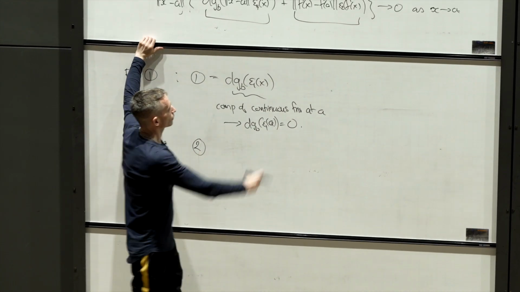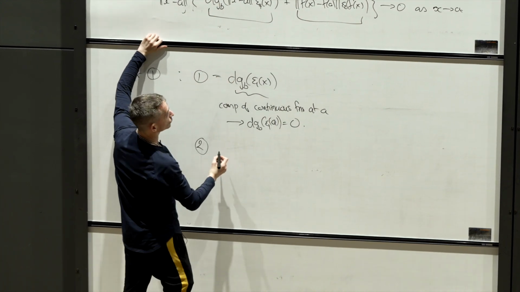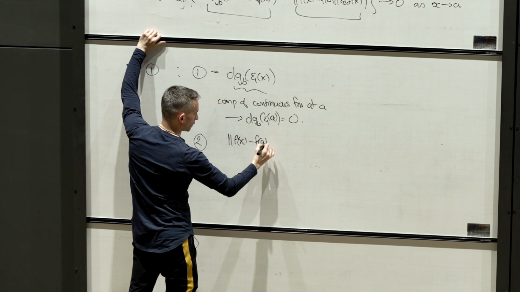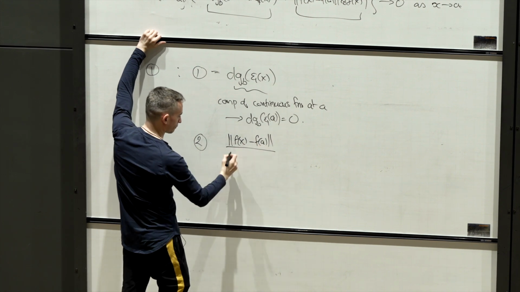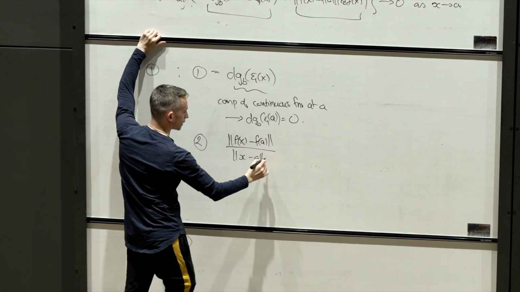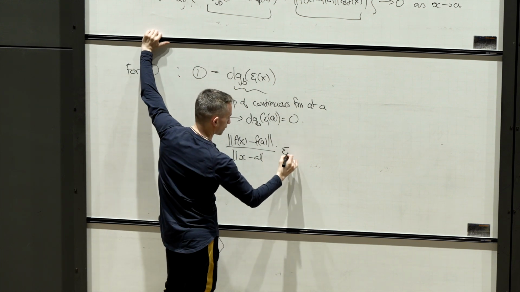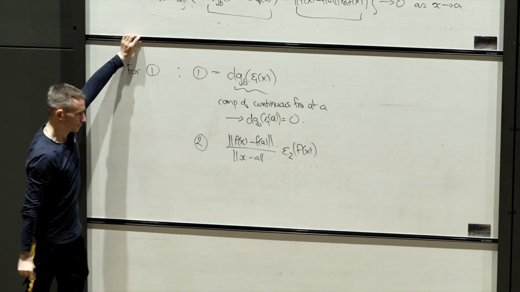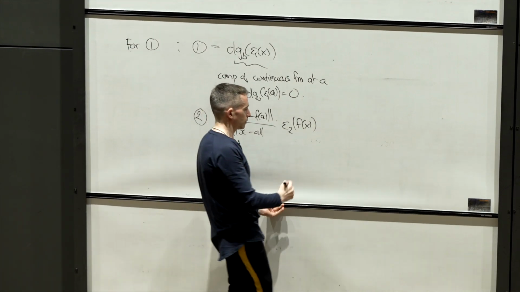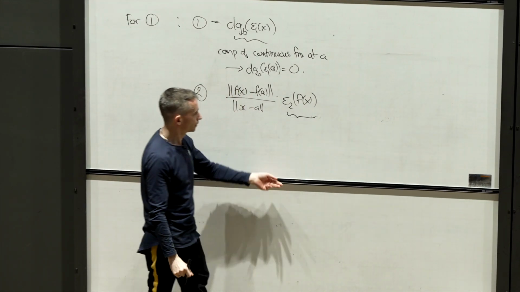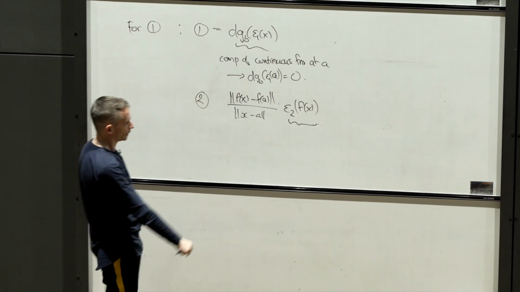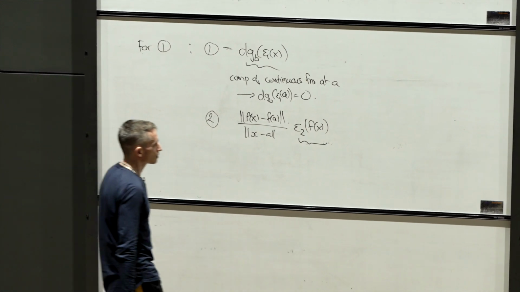The slightly more subtle one is this one, term 2. You've got the norm of f of x minus f of a divided by the norm of x minus a, times epsilon 2 of f of x. Now, if you look at this term, epsilon 2 goes to its value at epsilon 2 of b, which is 0.